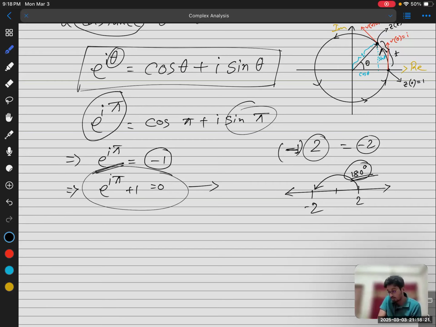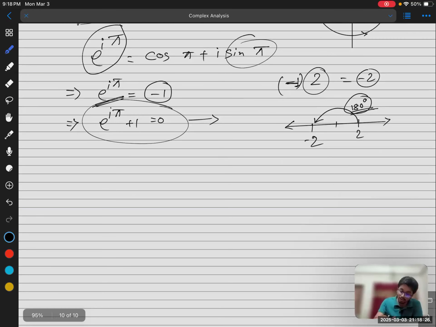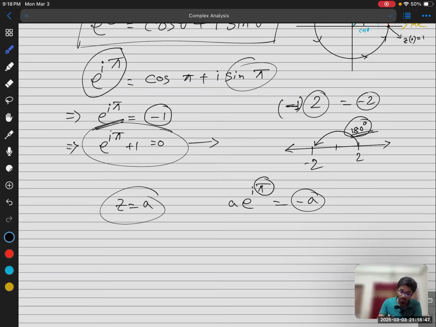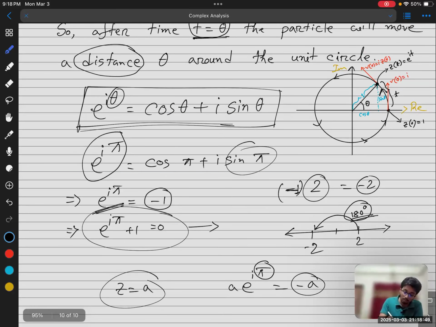So if we multiply any complex number on the real axis, let's say z is equal to a times e to the power i pi, then we will get -a. That means it will basically rotate the point by 180 degrees and transform it from the positive real axis to the negative real axis. So this is one of the most important equations in mathematics.